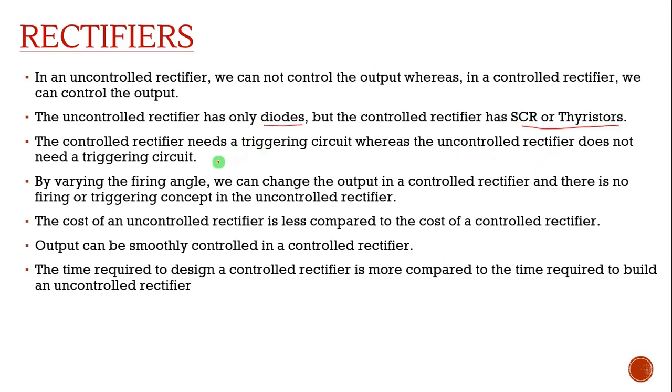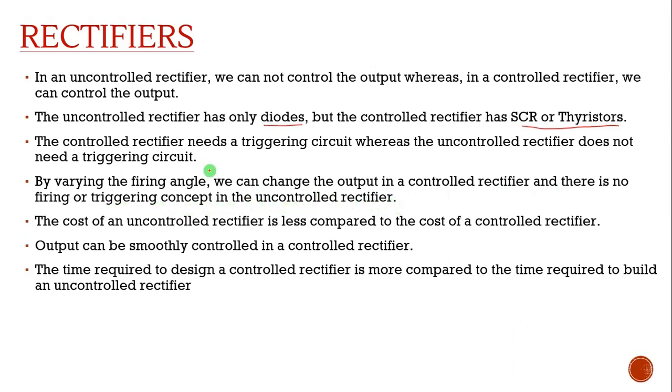We all know an SCR or thyristor has three terminals: anode, cathode and gate. By triggering the gate terminal we can control the output of a controlled rectifier. By varying the firing angle we can change the output, and there is no firing or triggering concept in an uncontrolled rectifier.